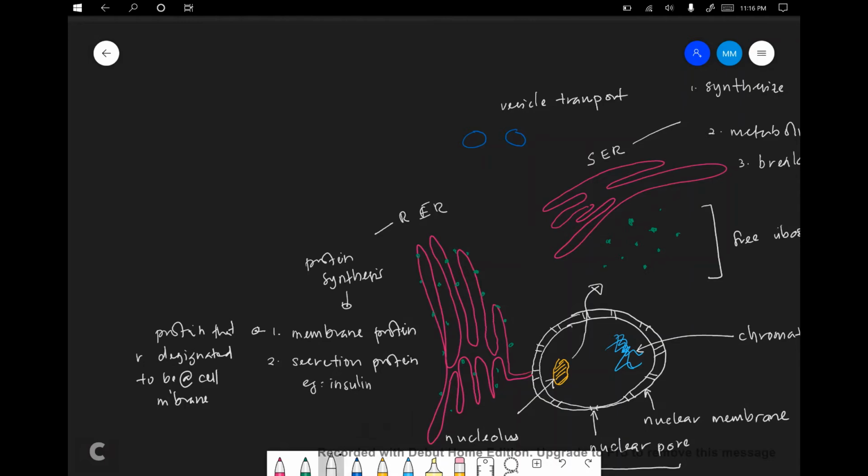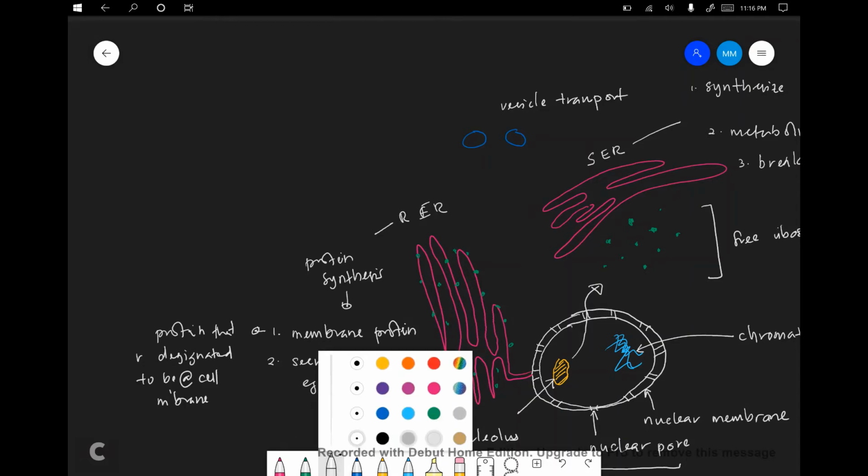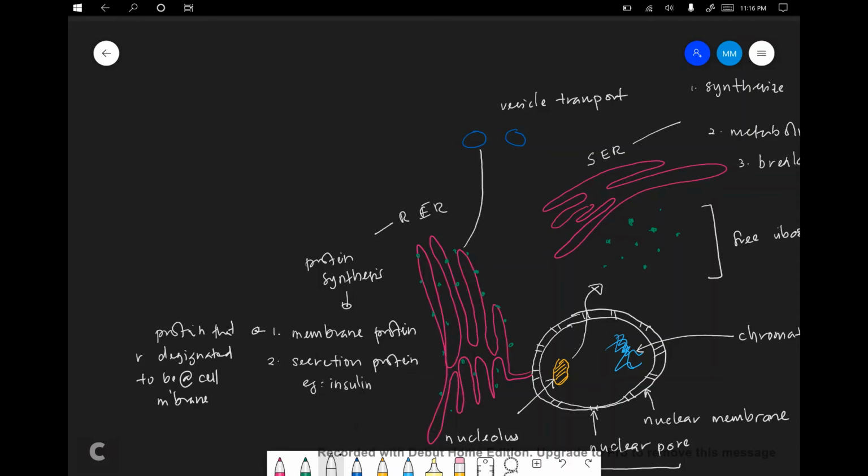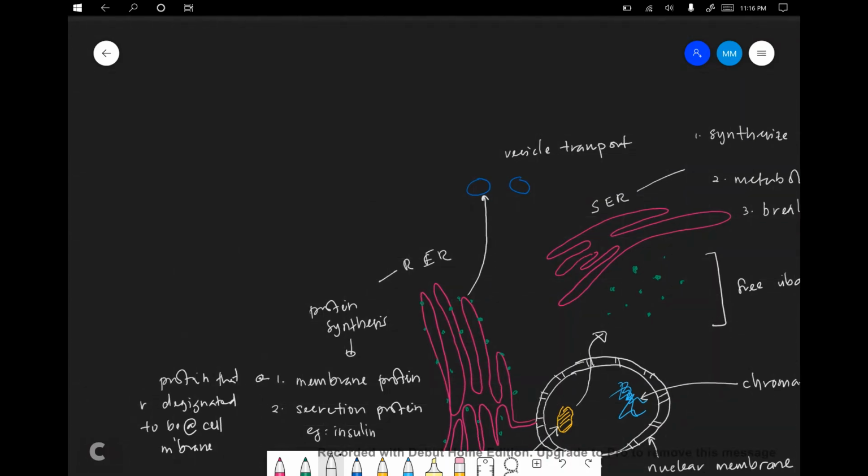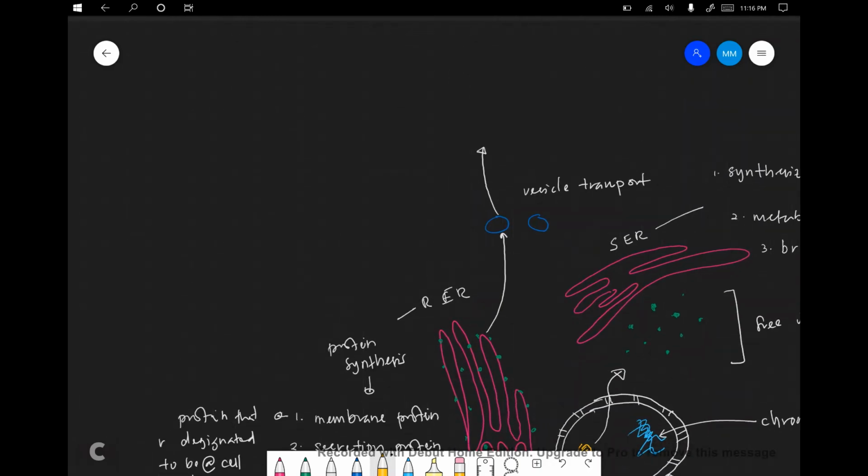So protein synthesized from the rough endoplasmic reticulum will be transferred by the vesicle transport, and this vesicle transport will later move to another organelle. Equally important, the name of the organelle now is what we call Golgi apparatus.